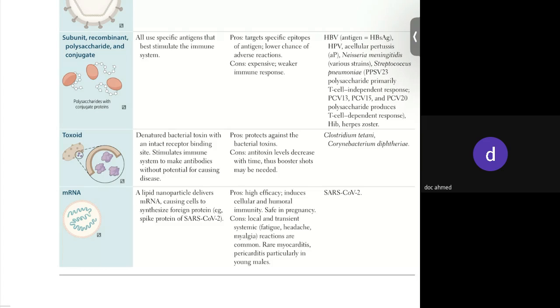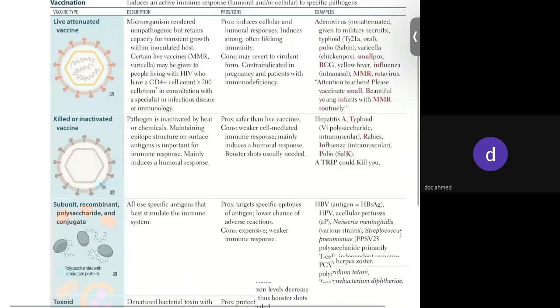Toxins are also proteins, and we know that they have proteins, so they are going to activate B cells, and they're going to give you a good immune response. But we have to give the booster also, right? Because the perfect one was the live vaccine, if you remember, right?